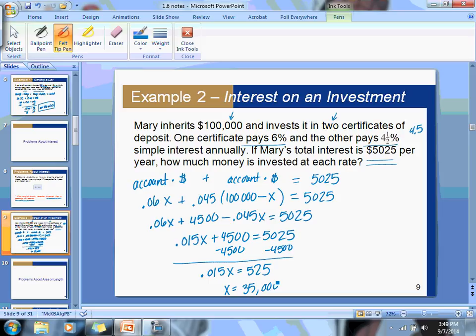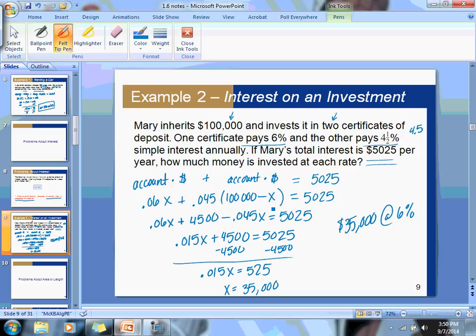So that's how much money she put into this first account. The variable we had for x was the account for the 6%. So she put $35,000 into the account that was at a rate of 6%. And then to find out how much she put in the other account, we'll do exactly what we did up here. We'll take the 100,000 minus the x.